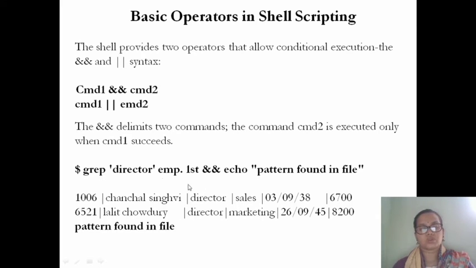So if both the outputs are true, then only it will be executed. Okay, so here you can see pattern found in file. Why? Because you have a director pattern. So those two lines will be output, and also your second command is executed. Pattern found in file.